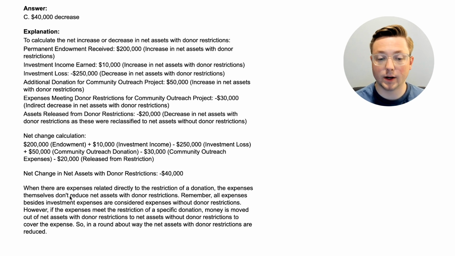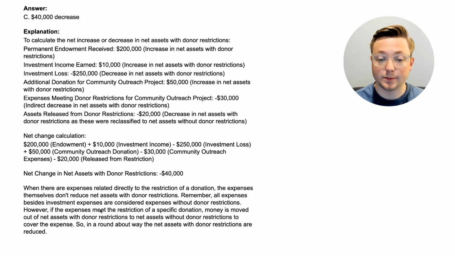Now, one thing I want to point out here that might be a little confusing. When there are expenses related directly to the restriction of a donation, so these $30,000 directly related to the community outreach project, these expenses don't directly reduce the net assets with donor restrictions, because remember, all expenses besides investment expenses are considered expenses without donor restriction.